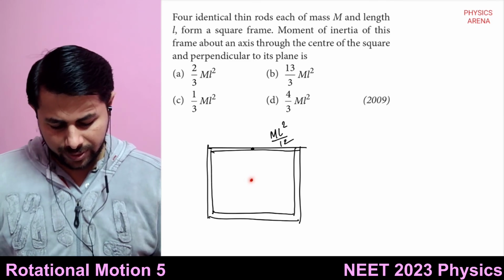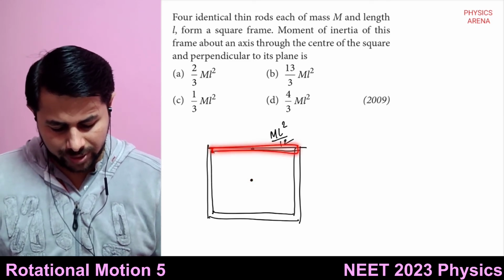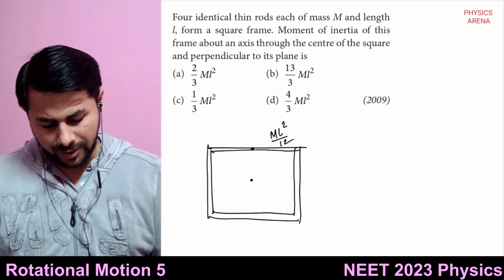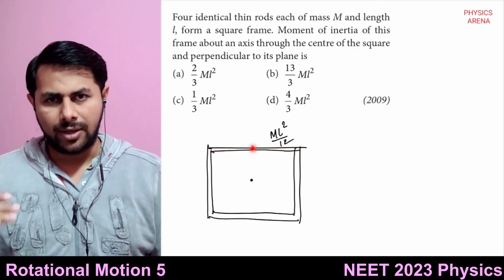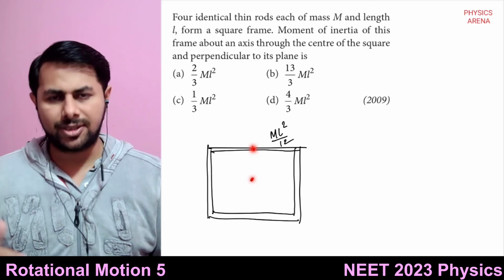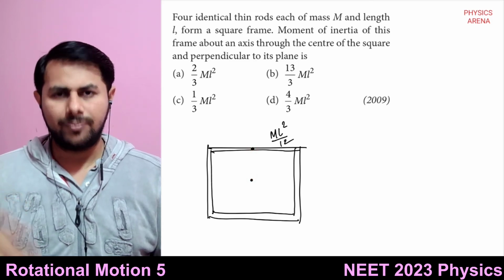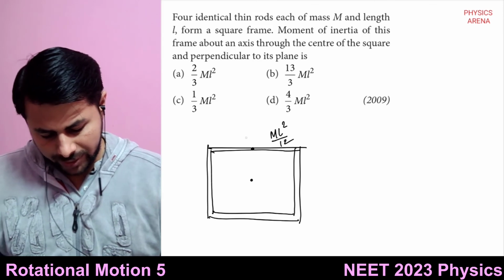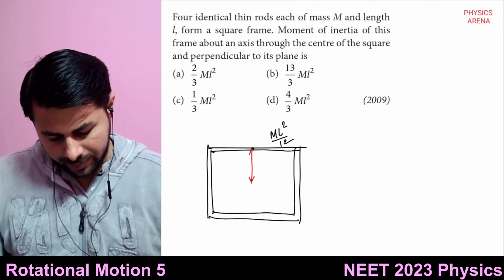Now you want the moment of inertia of this rod about this point. The axes passing through the midpoint and through this point are parallel to each other, so you can use the parallel axis theorem.